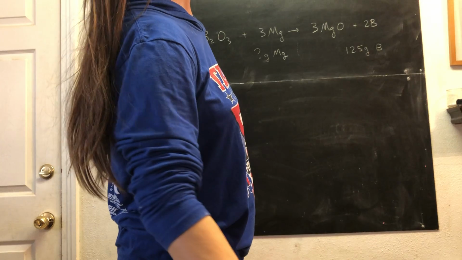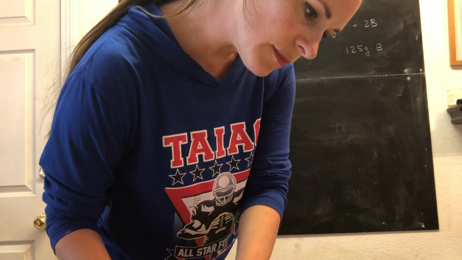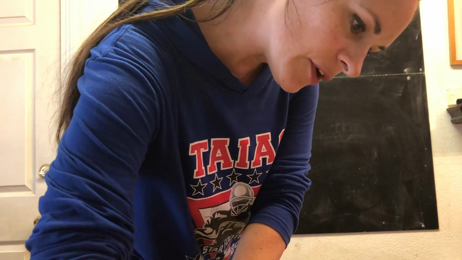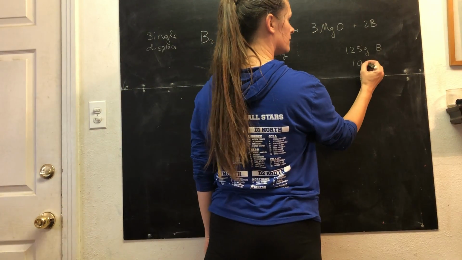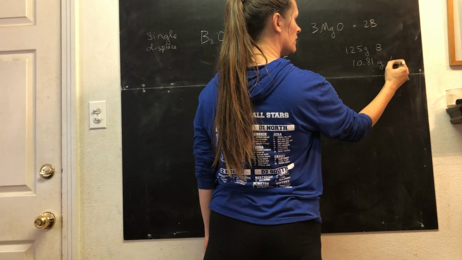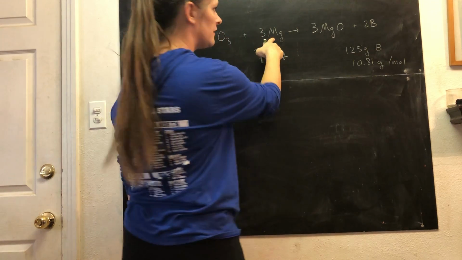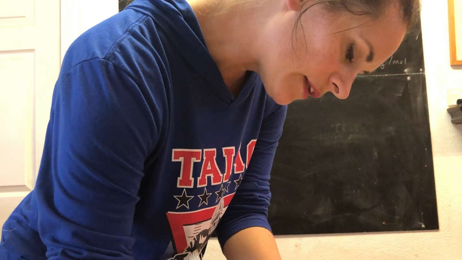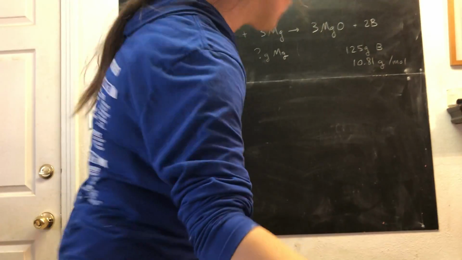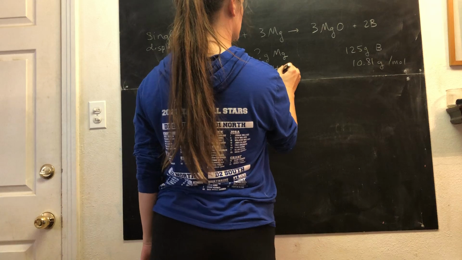What's the molar mass of boron? It is number 5 on the periodic table. Its molar mass is 10.81 grams per mole. And then what's our molar mass of magnesium? It is number 12 on the periodic table, 24.31 grams.